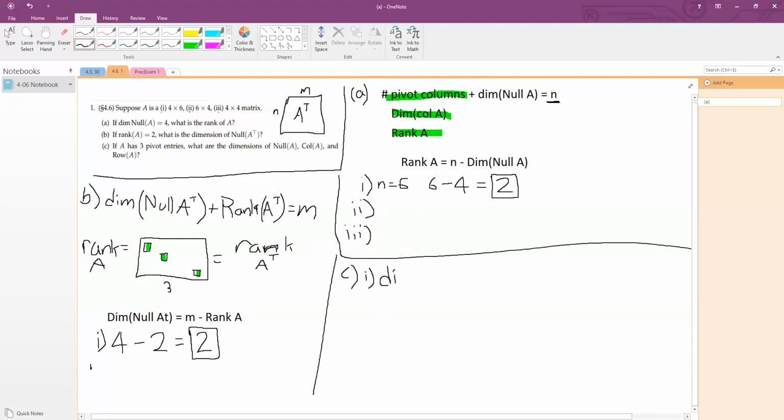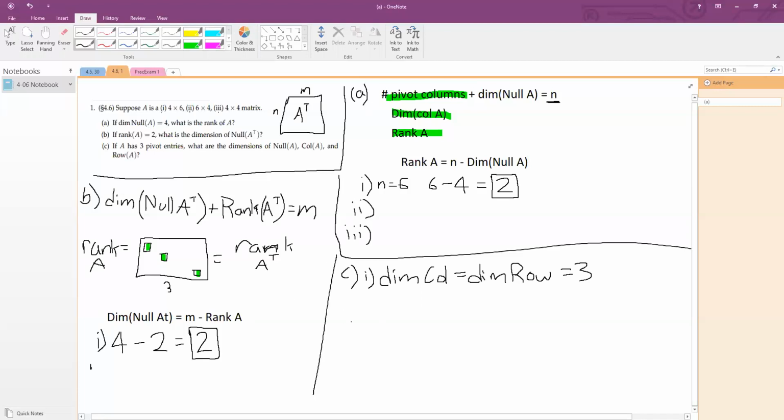Dimension of the column space equals dim row space equals 3. All right, and the only other thing is, what about the null space? So that's the part that's actually going to change from matrix to matrix here, right?